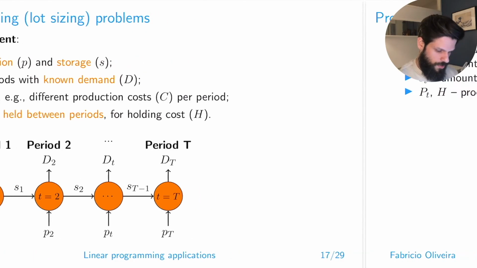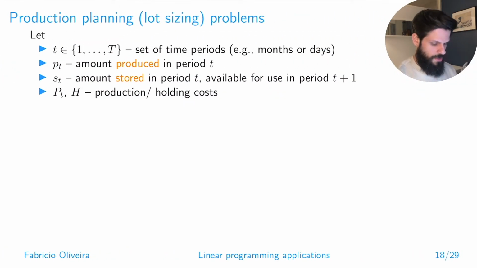So in order to model that, we have to define some elements. The main entity in our problem is the time period. So our planning horizon is defined by capital T periods. P_t is the amount I'm going to produce at each period t.